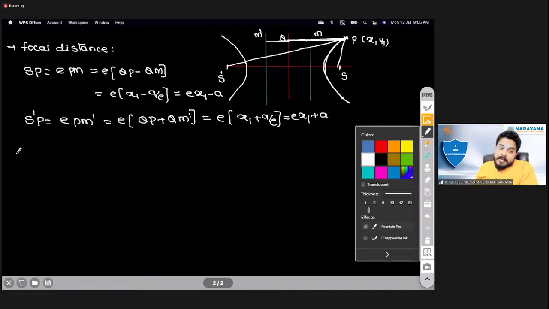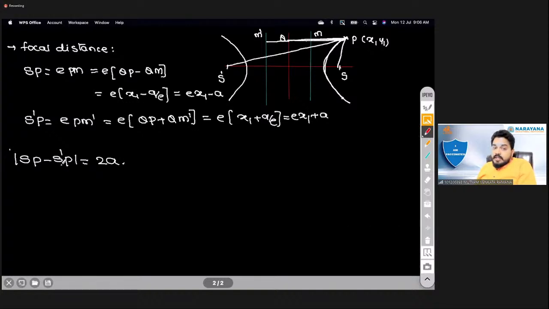So now what happened here? Modulus of SP minus S dash P is equal to 2a. Why modulus? P can be on this side also. So this is another definition of the hyperbola.